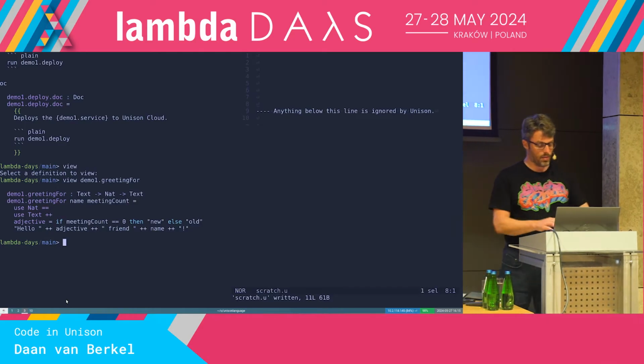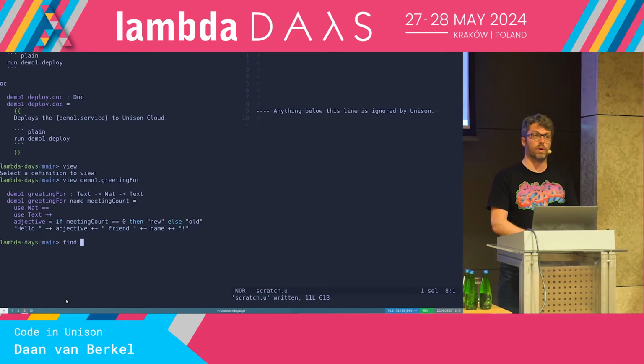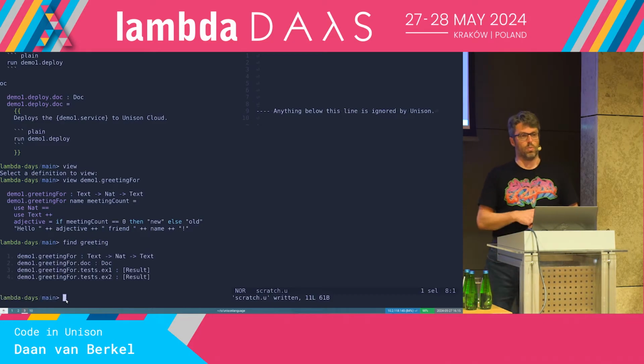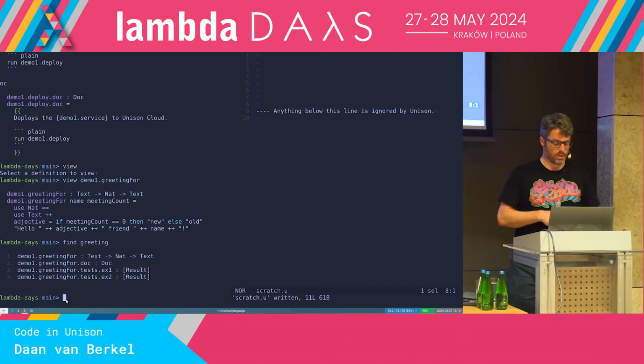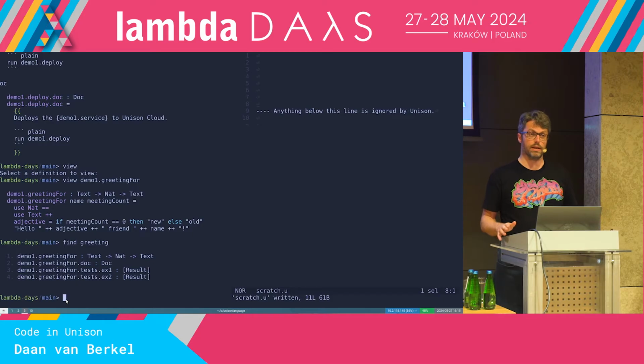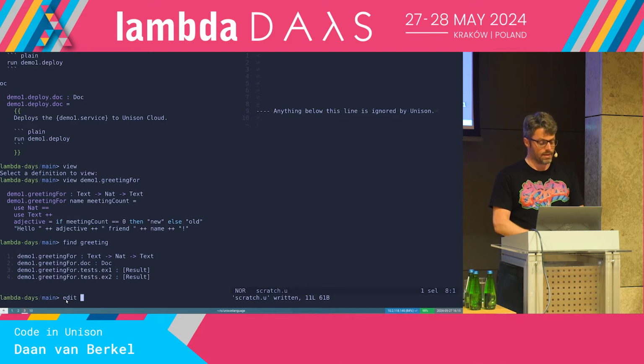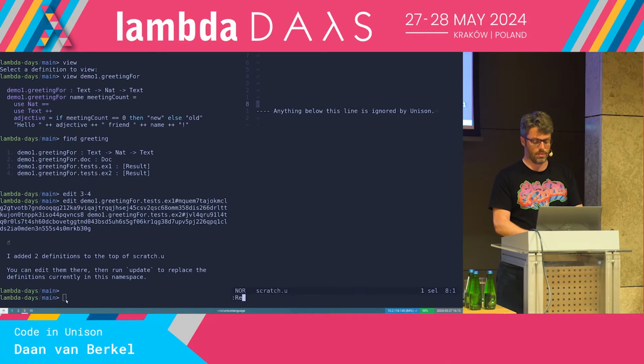And you can also have a more explicit find method that shows you what are terms that have names similar to greeting. And then we see, besides the documentation that I already talked about, that there are also the tests. So let's ask the Codebase Manager to edit the tests by listing the numbers that we found here.